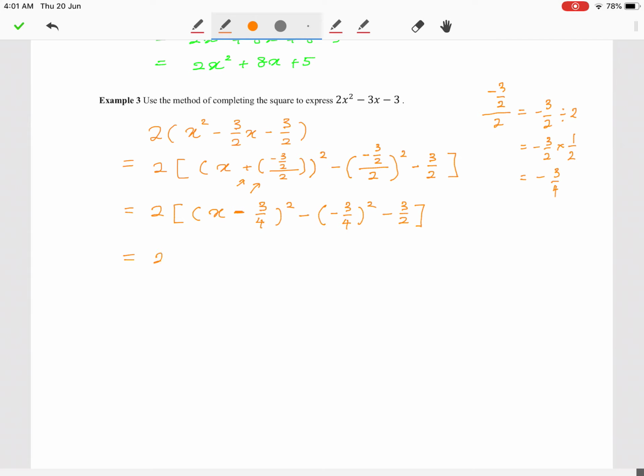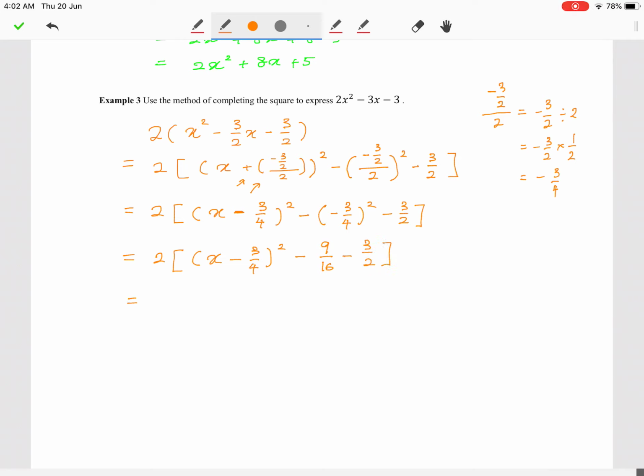Simplify this term again: minus 3 over 4, squared, so you square this thing, you have 9 over 16, minus 3 over 2.